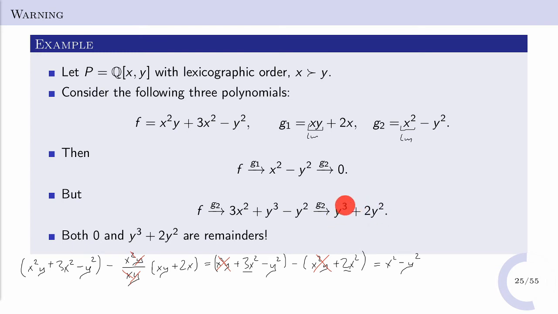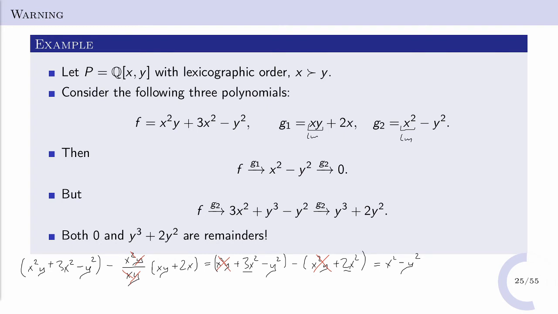We have two terms here, and none of these terms is divisible by the leading monomial of any of these two guys. It is divisible neither by xy nor by x squared. We have y cubed and y squared. They are not divisible by x squared nor by xy. So this is again a remainder. This is a remainder, and this is a remainder.